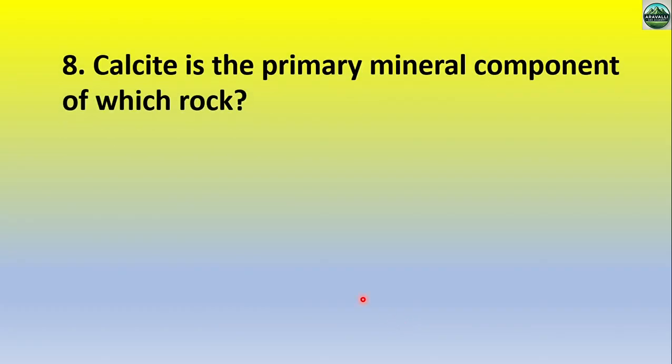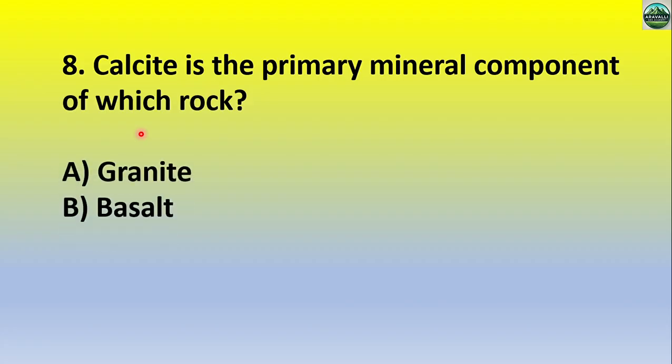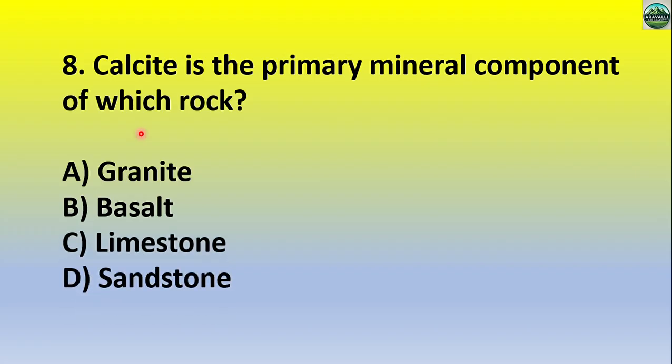Next question, calcite is the primary mineral component of which rock? Option A, granite. Option B, basalt. Option C, limestone. Option D, sandstone. The correct answer is limestone. Calcite is the main component of the rock limestone.